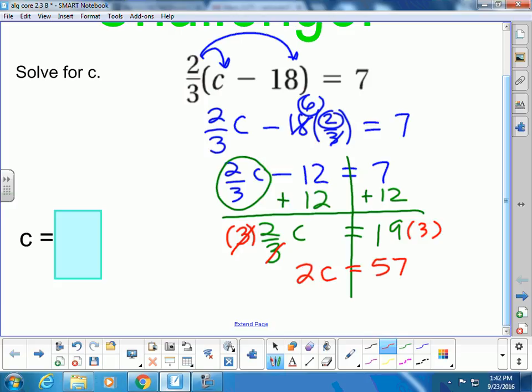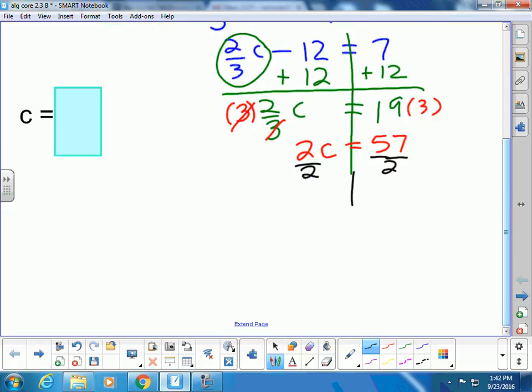And then I have to undo the 2 times C, so I need to divide by 2 to get rid of the 2. 57 is not divisible by 2, so these cancel to 1. C equals 57 over 2.